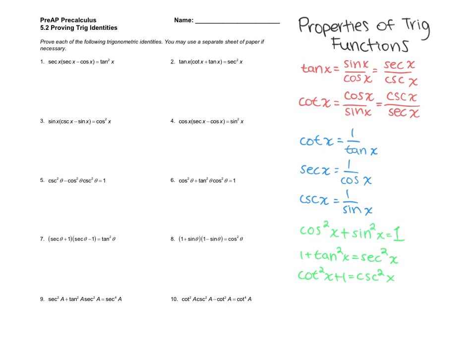Now, what you might notice is different about these final Pythagorean properties is that they have squares. So that is similar to the a squared plus b squared equals c squared formula that you're used to. But in this case, it's just trig functions. So it's cos squared x plus sine squared x and stuff like that.